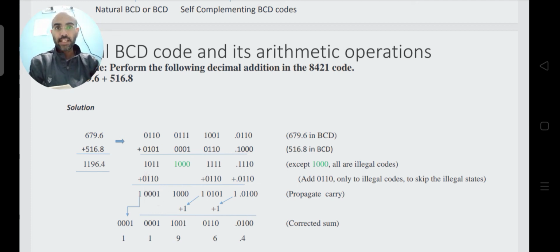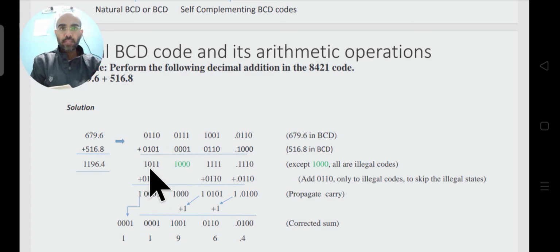So the condition arises that whenever there is an illegal code, we should add 6 to the illegal code. If after performing the addition we get an illegal code, that illegal code should be further added with 6. Why is this so? Because this is an illegal code and it is not allowed.